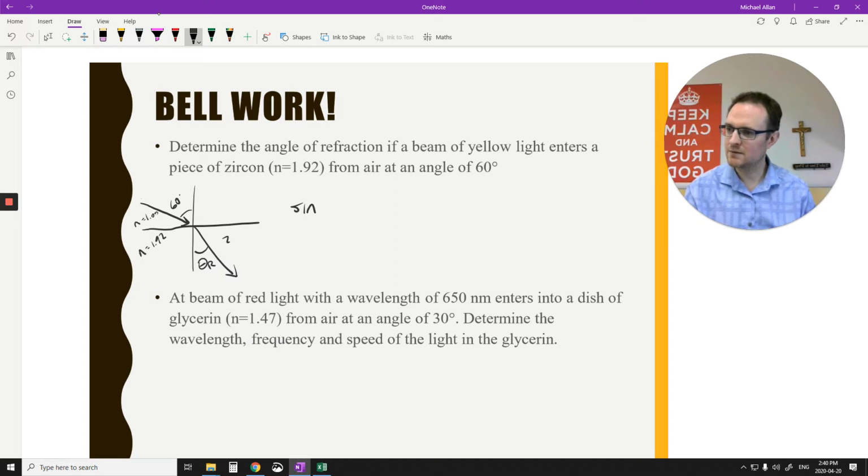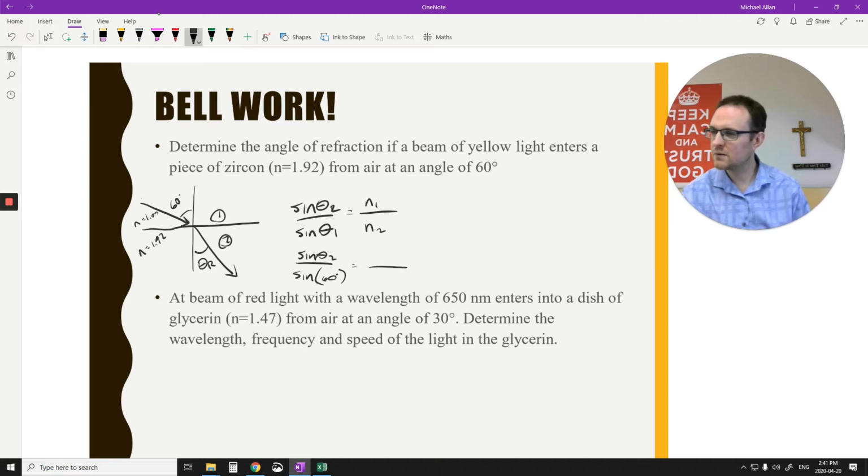Let's call the bottom one 2 and the top one 1. So sine theta 2 over sine theta 1. I'll put the 2 on top just because it's easy to rearrange. And then I have n1 over n2 on the other side. So you put in your numbers: sine theta 1 is sine 60 degrees, and on the other side we have 1 over 1.92.